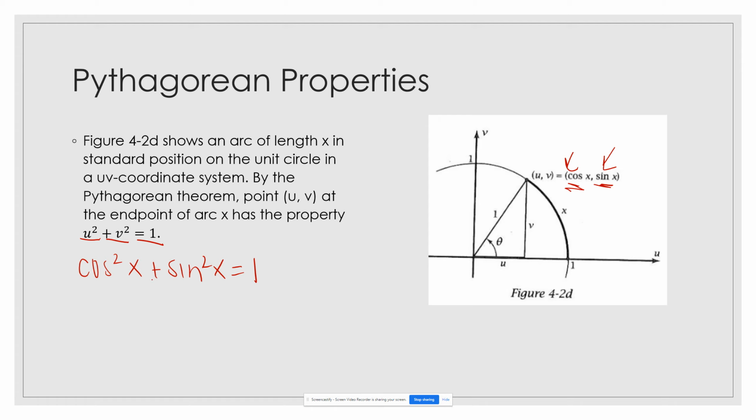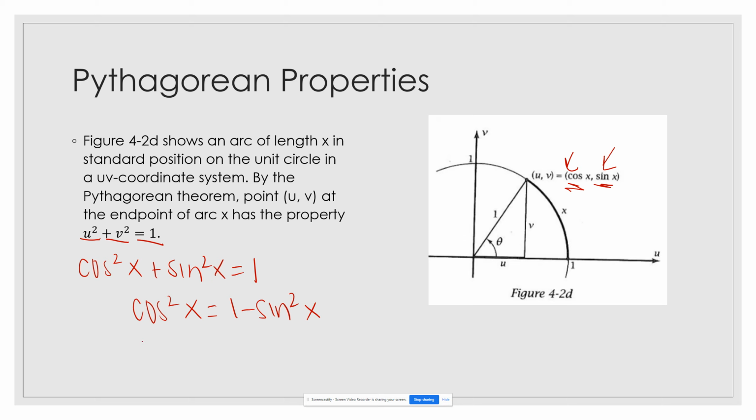And now whenever we see cosine squared plus sine squared, we can just replace it with a 1. 1 is a heck of a lot prettier. We can also rearrange this. We can say that cosine squared of x equals 1 minus sine squared of x, and we can rearrange it by using algebra. I just subtracted a sine squared from both sides.